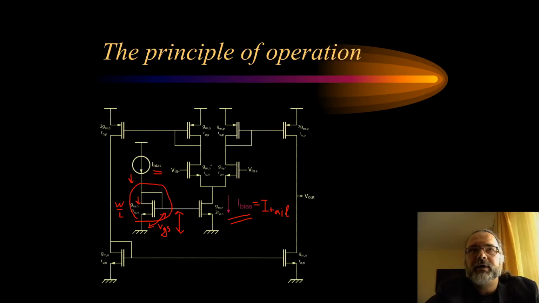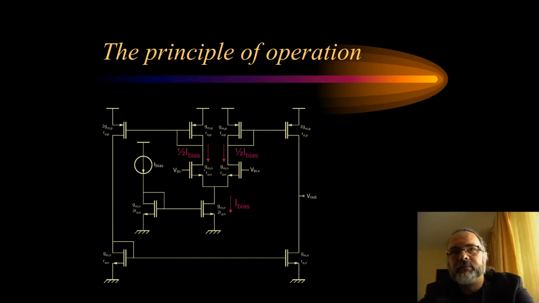If the inputs are balanced, so this input is equal to that input, then this current, the tail current, will be split in two. Hence, half of the bias current will go in this branch, and the other half will go into this branch.